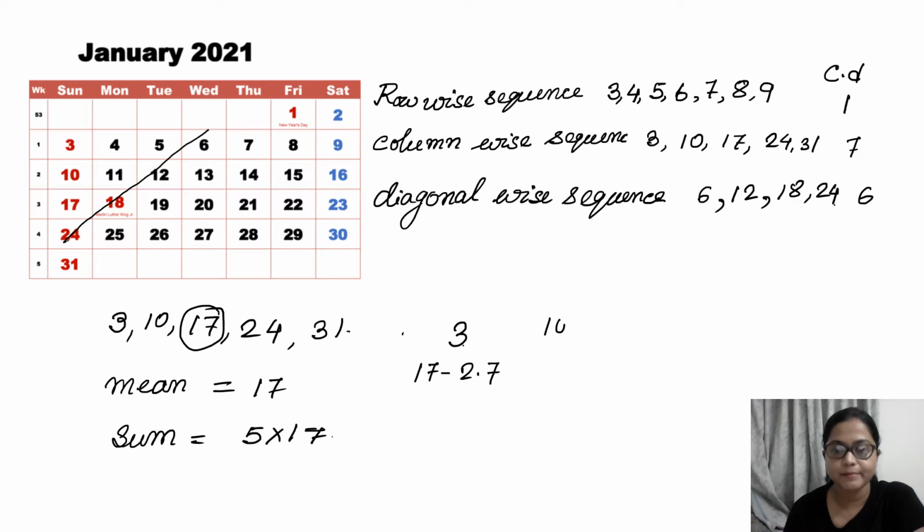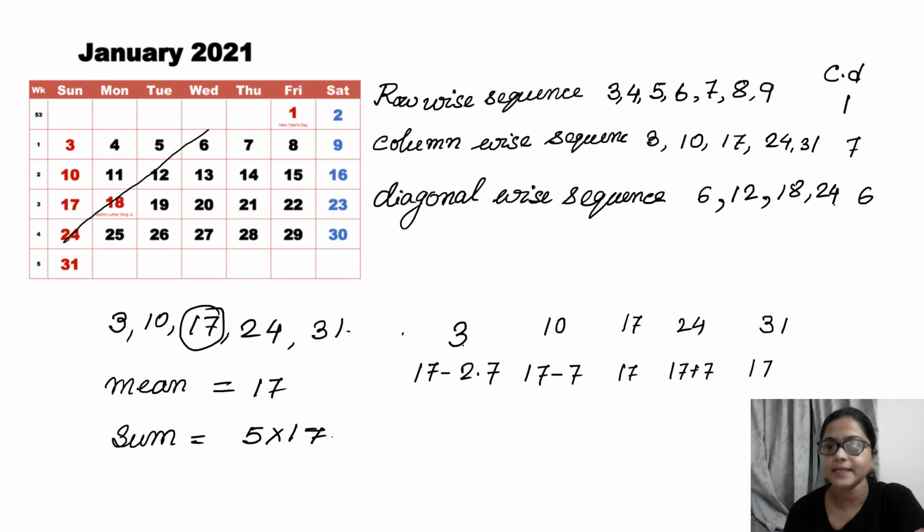Again 10, the next number, can be written as 17 minus 7. 17 is 17 only. 24 we can write as 17 plus 7. And the last number 31 we can write as 17 plus 2 into 7. Now, if I add these numbers, these are like terms, plus and minus, so we can cancel them.